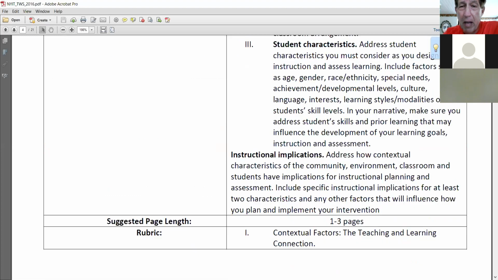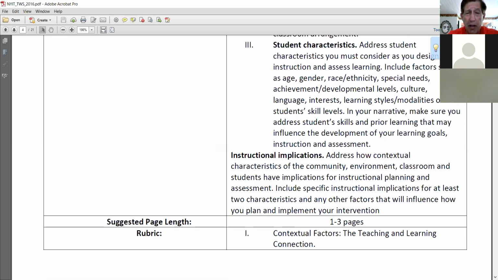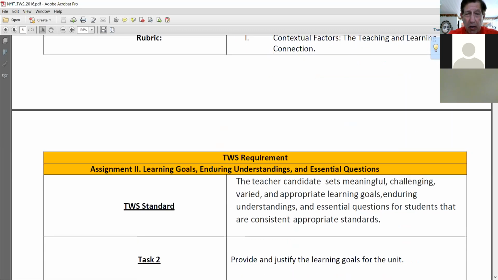Basically, knowing these factors will help you and influence how you plan and implement your intervention and instruction. I will show you something else in a minute that goes along with that. I'm just going to go over all the tasks so you have an idea how this fits in.